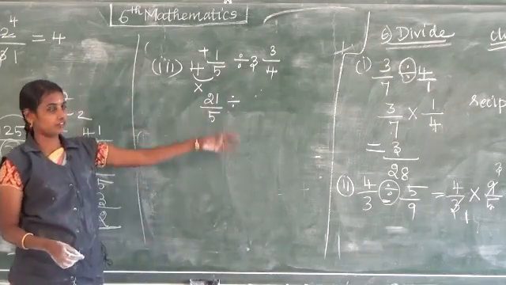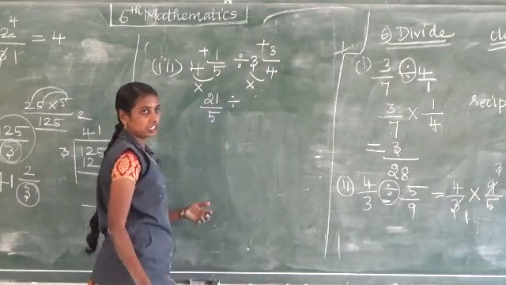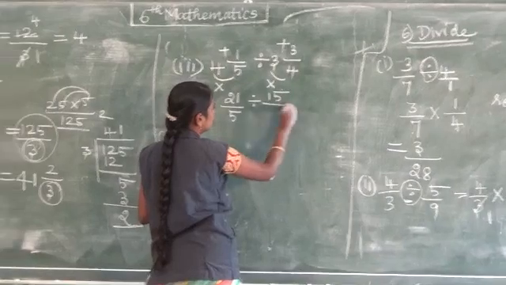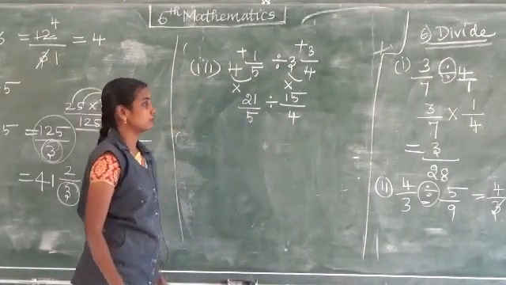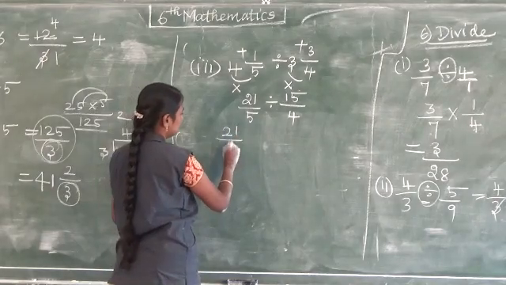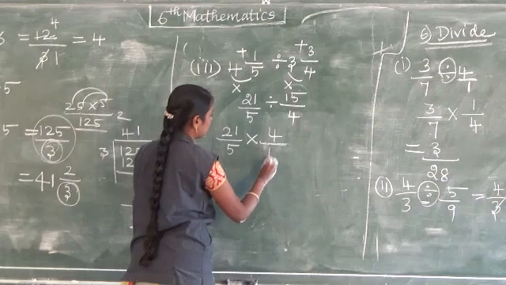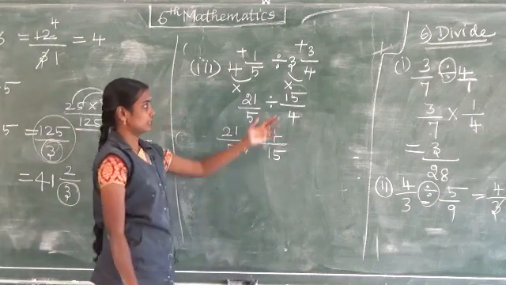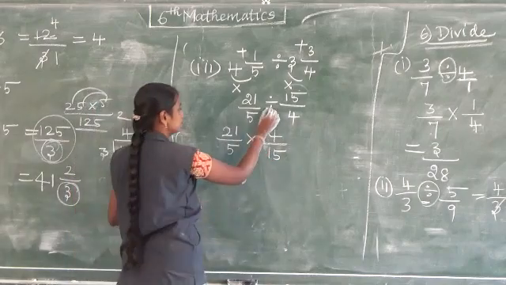First we will convert, then we can go for it. 3 4s are 12, 12 plus 3, 15, 15 by 4. Now I am going to convert the division into multiplication. 21 by 5 into, 15 by 4 I can write as 4 by 15.